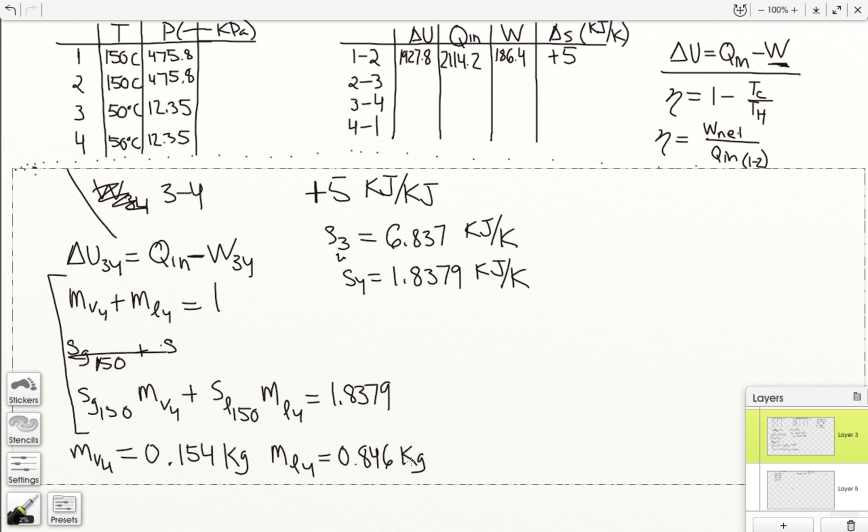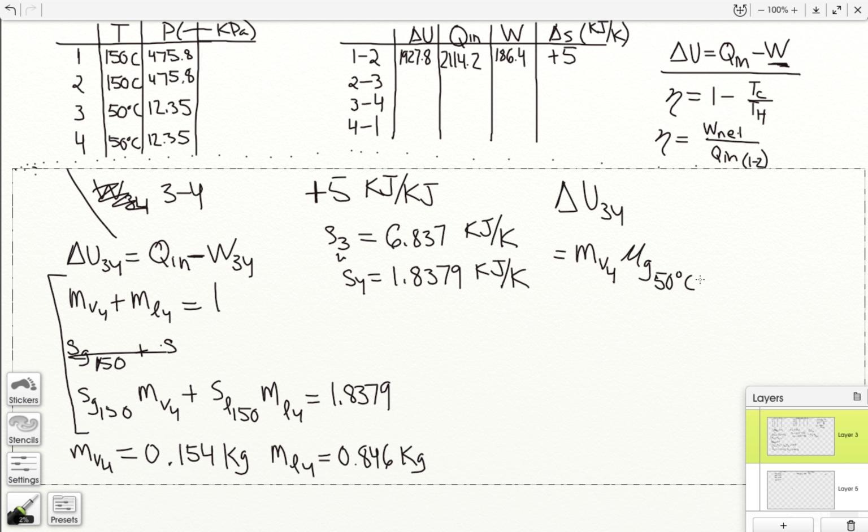In a similar way, now I can calculate the change in internal energy from 3 to 4, as I did from 2 to 3. This is going to be equal to the mass of the vapor at 4 times u_g at 50 degrees Celsius plus the mass of the liquid at state 4 times u_liquid at 50 degrees Celsius.